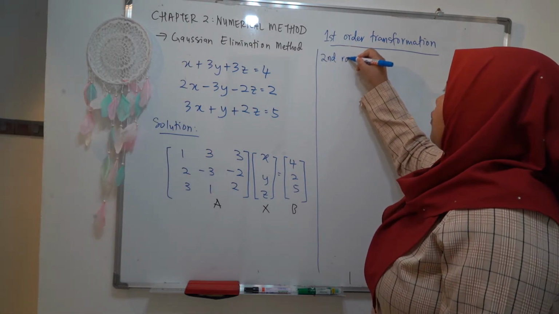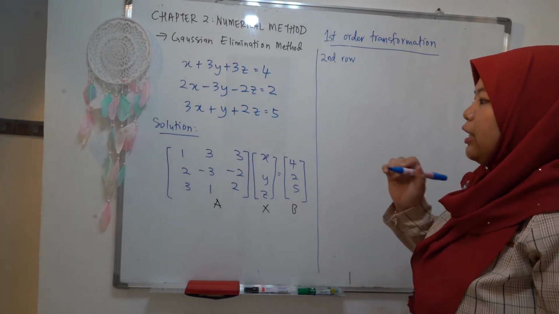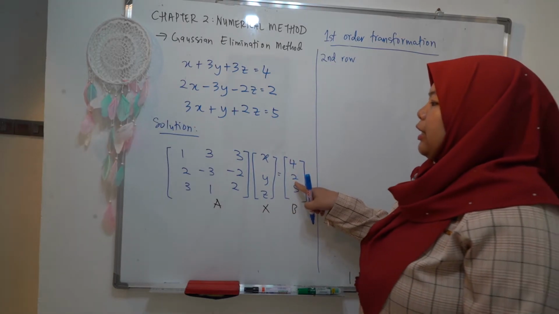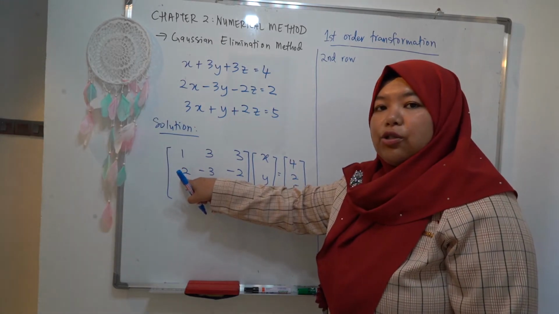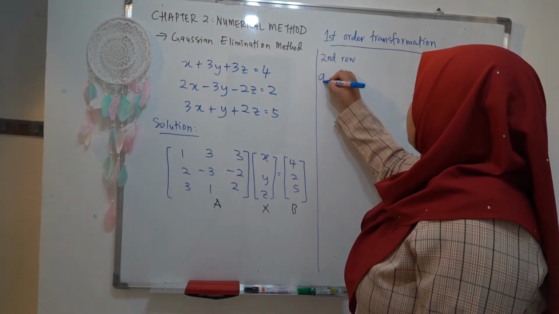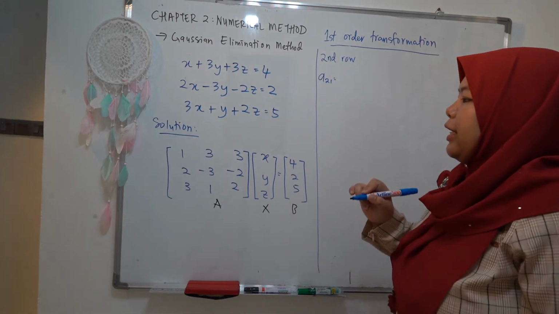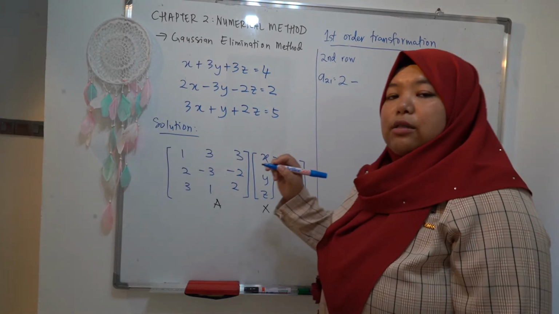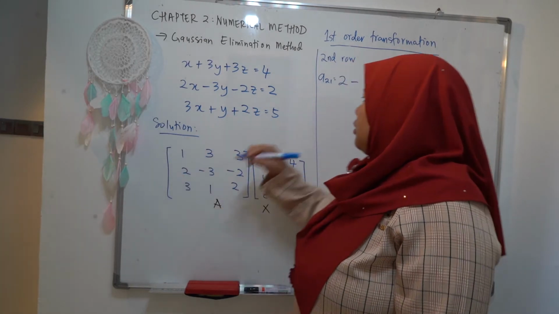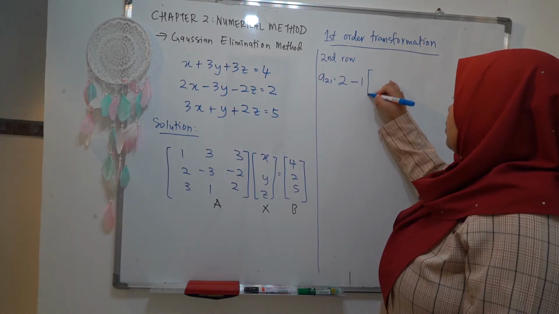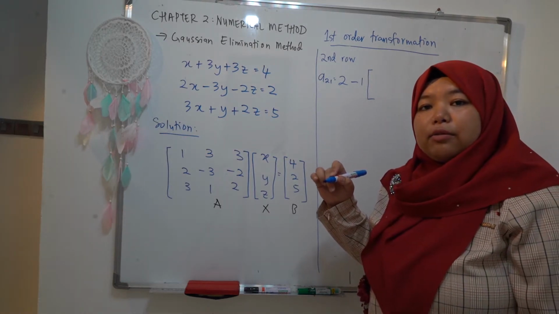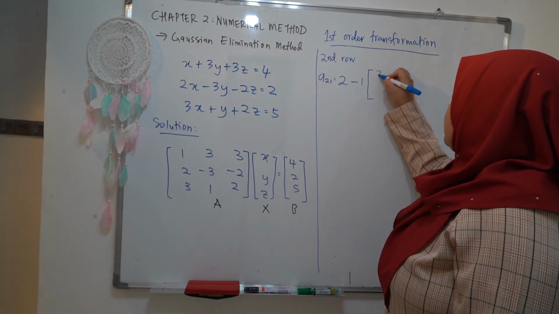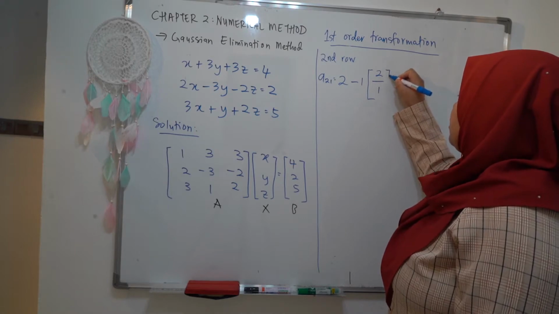For the second row, I want to change the numbers in the second row. So I start with A21 first. A21, the number is 2 minus the number on the top, so 1, times the number back, which is 2 over 1.